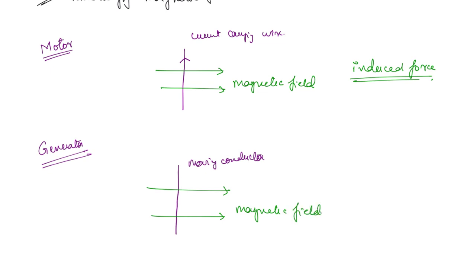Current is going to be produced. So induced voltage will give rise to current, right? So you can see that in the motor you have a current carrying wire in a magnetic field which is inducing a force. In the generator we have a moving conductor in a magnetic field which is inducing voltage. So both of them are just the reverse of each other.